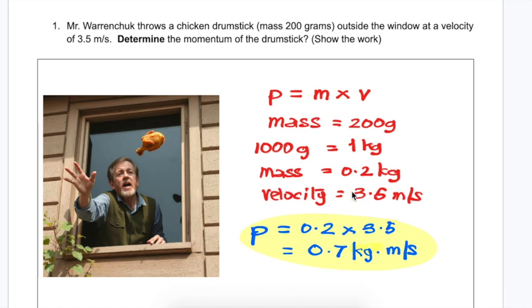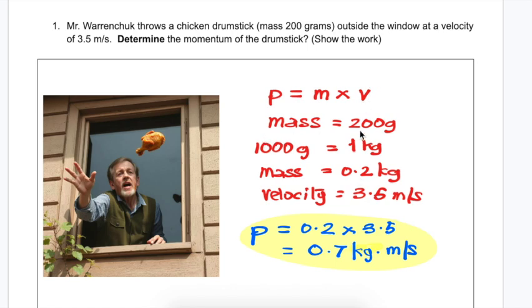So here is our first question from our formative task. And here you see Mr. Warrenchuk throwing out the chicken drumstick from the window, and the question says, the drumstick had a mass of 200 grams and it was thrown out the window with a velocity of 3.5 meters per second. So what we need to do here is to convert 200 grams into kilograms.